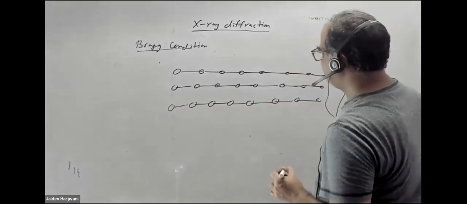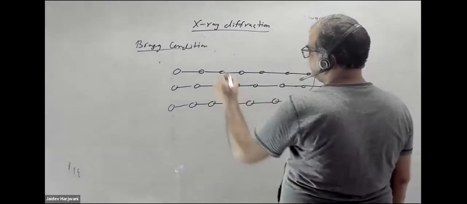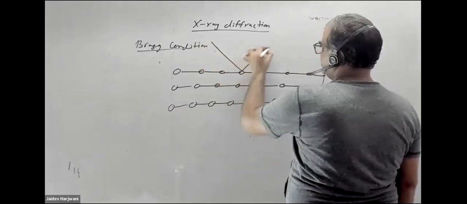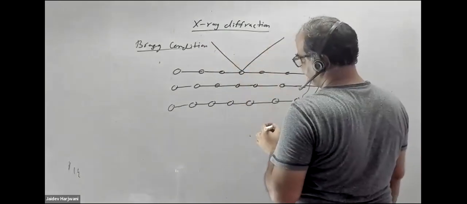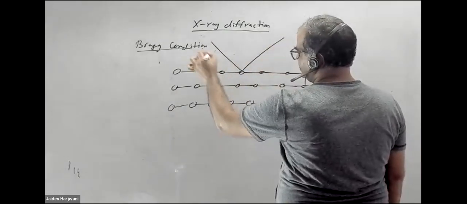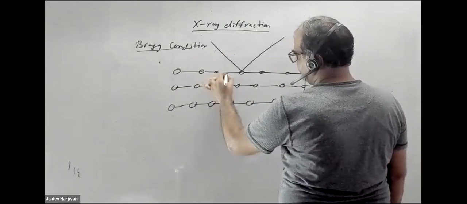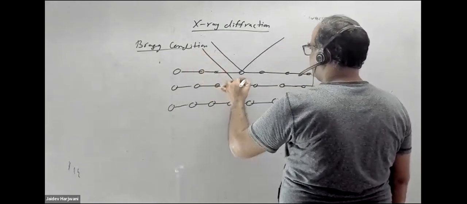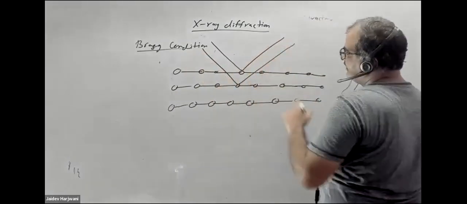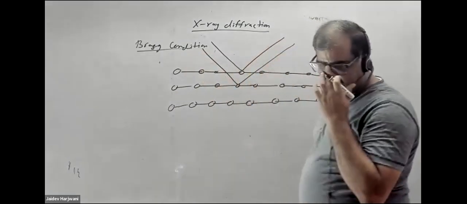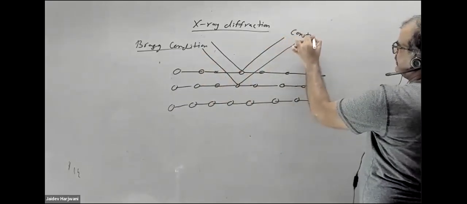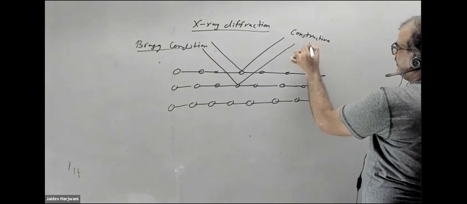Now what will happen when suppose your X-rays are incident on this atom? Okay, this will get diffracted. Suppose this is not symmetrically made. I'm getting one more X-ray here, and these diffracted lines will do constructive interference.